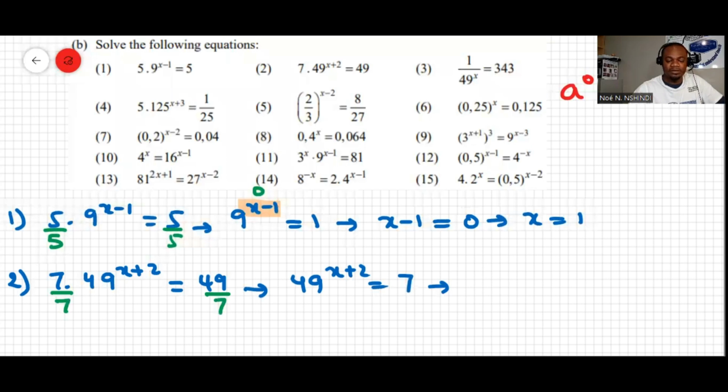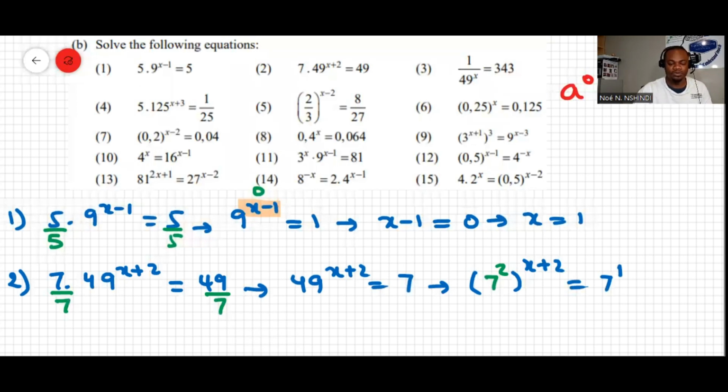And that makes 49 will be 7 squared. Okay. And then 49 in terms of its prime factor, and then 7 here is like raised to the power of 1.